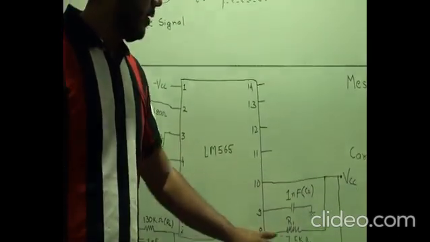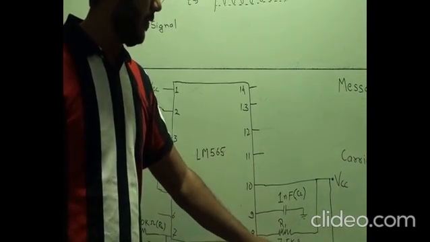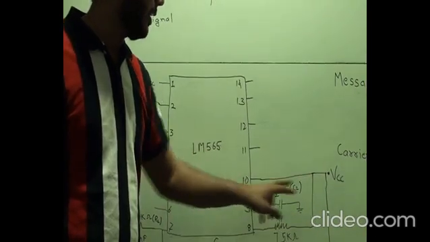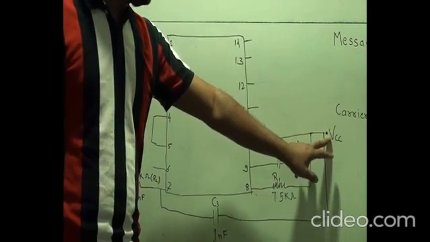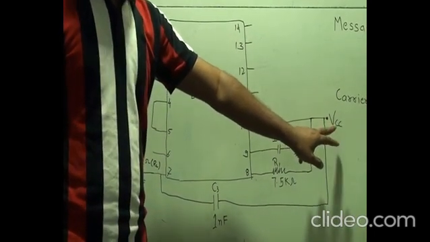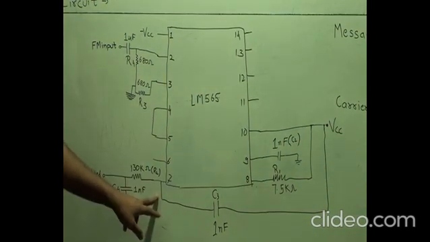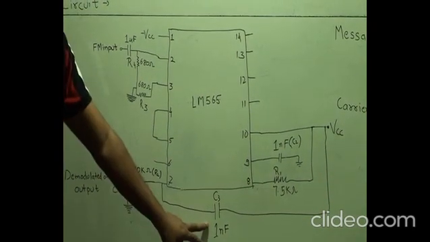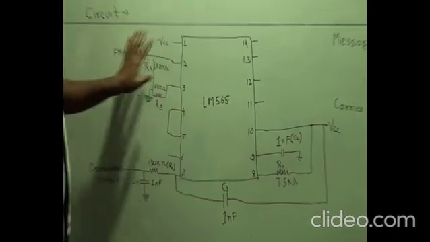On the 8th pin we are again connecting a resistance of 7.5 kilo ohms, and that is further connected to the 10th pin, means the input voltage, that is plus 5 volt. And one connection from the plus 5 volt side is going to the 7th pin with a capacitance in between of 1 nanofarad. So this is the circuit diagram.